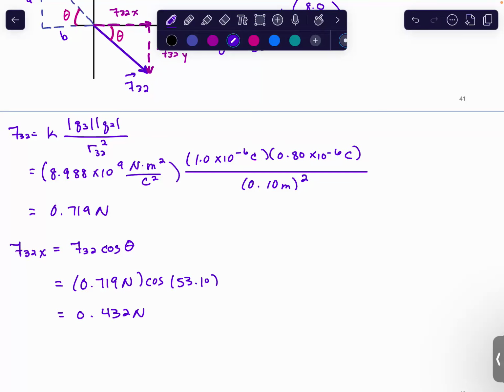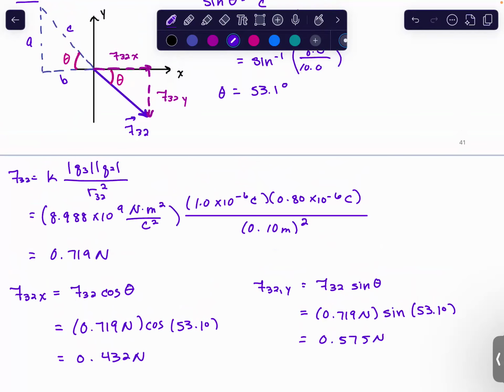All right, let's do the Y component. So we get this, but if we look at where F32 is, we see that this has to be a negative component.